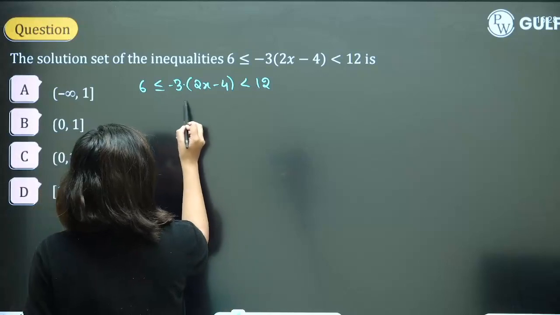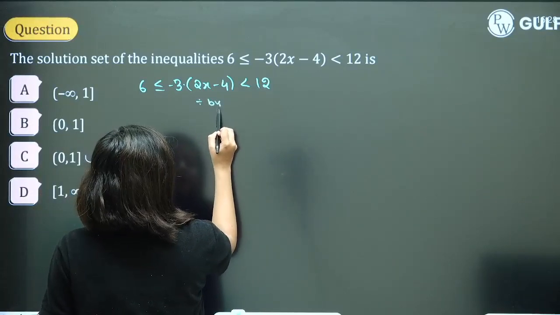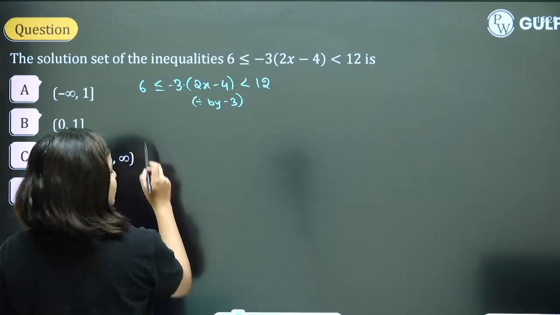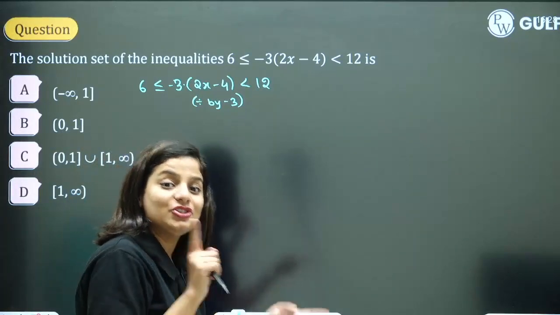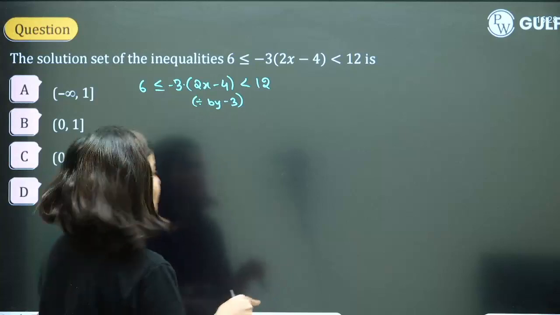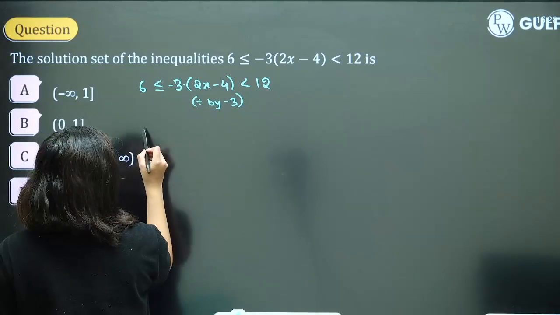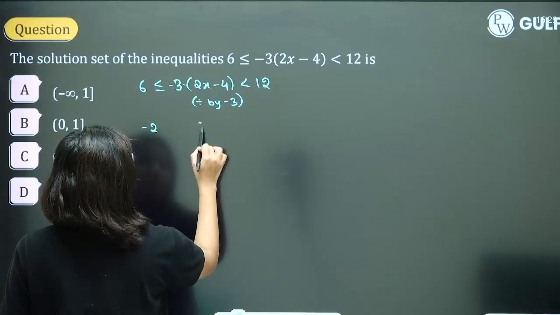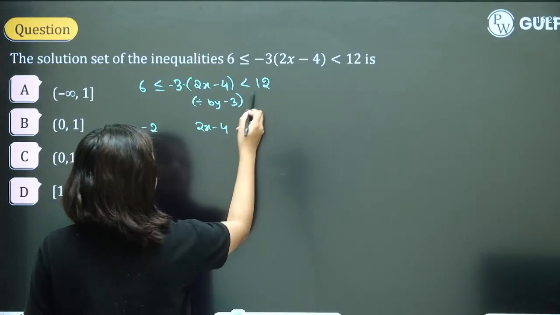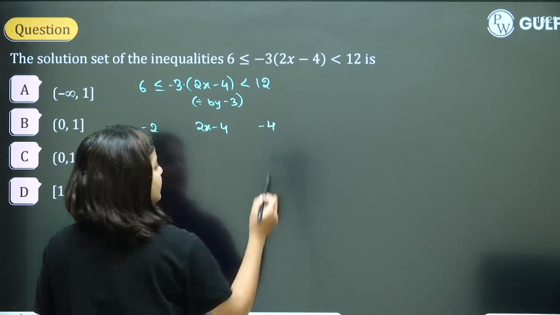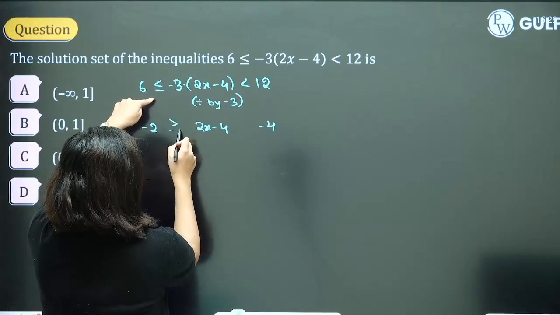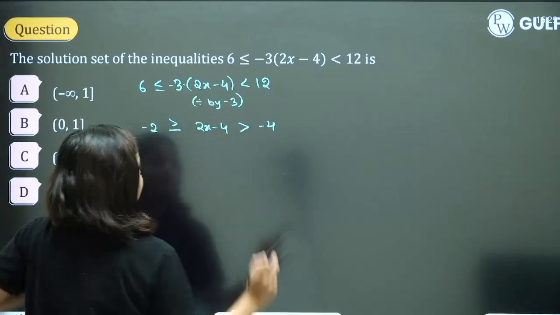In order to get rid of that, we will divide by minus 3. And division with a negative number will change the inequality sign. 6 upon minus 3 will be minus 2. In between, I have not changed. In between, 2x minus 4, and 12 upon minus 3 will be minus 4. Well, this less than or equal to will change. Agreed?